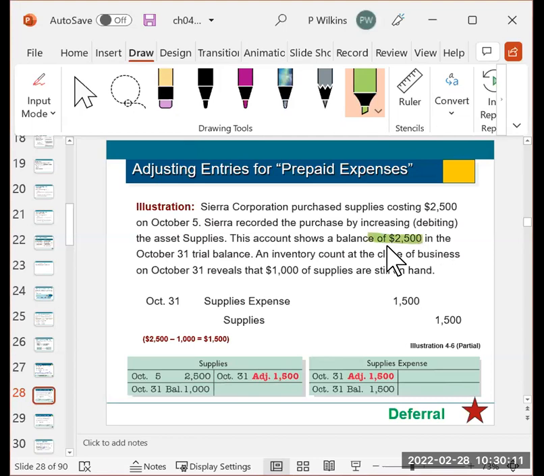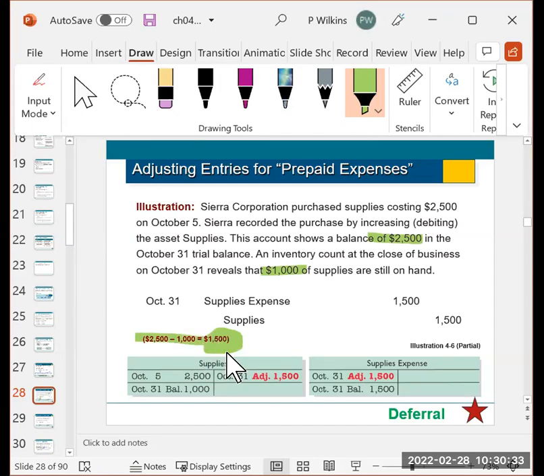Because the balance in the trial balance was $2,500. But when we went out and counted it, we only had $1,000. So that means we started with 2,500. We have 1,000 left. So if we subtract what we have from what we started with, that's going to give us what we used. Okay. We started with 2,500. We have 1,000 left.